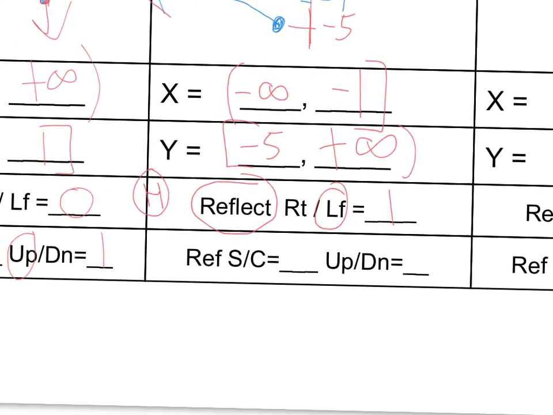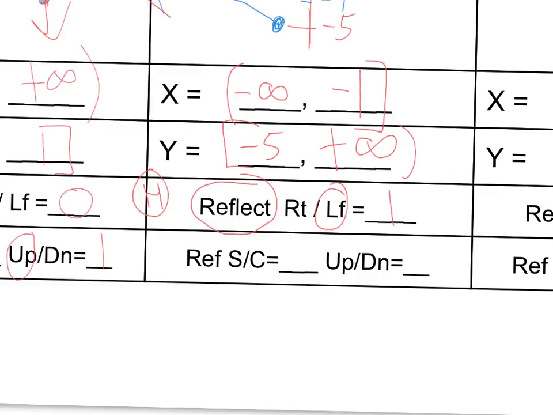And finally, vertical translations. Vertically, there was no reflection, so I'll just put an X there. Was there a stretch or compression? Well, we multiplied by 1/2, so it's a compression by a factor of 1/2. Did it move up or down? Yes, it moved down by 5.